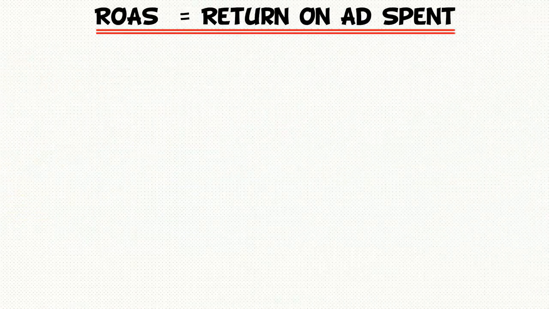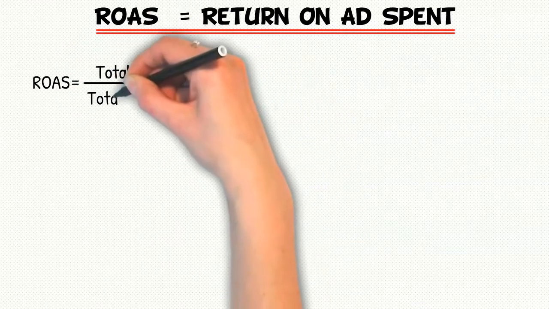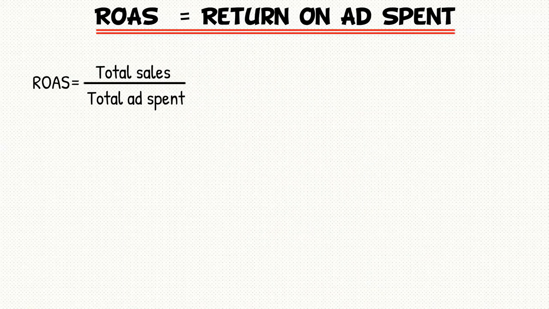Another important metric to consider is the ROAS, which stands for Return on Ad Spend, which is equal to the total sales divided by total ad spend. Let's see an example.